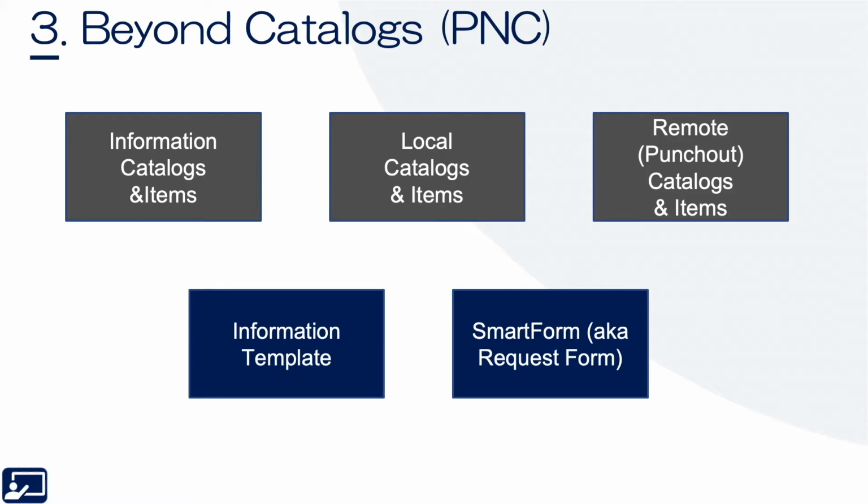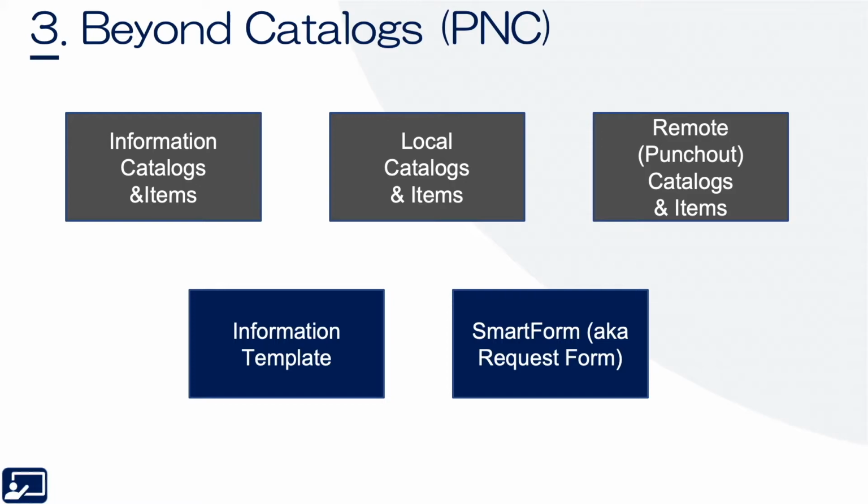Third topic, now let's go beyond catalog types to other pre-negotiated content constructs. So you can see our three catalog types across the top. Now we're going to talk about information templates. That's where we have other fields that we need to capture as part of ordering something. The easiest and most common example is a business card.